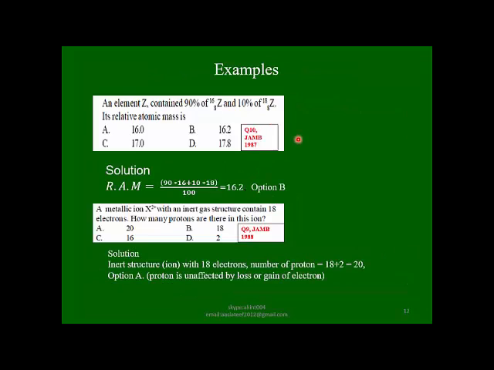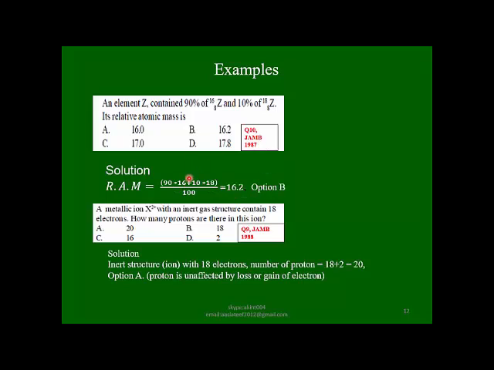Examples. This is question 10, 1987. An element X, a hypothetical element Z, contains 90% 16, 10% 18. Then we have to find the relative atomic mass. We should not forget what we said about the weighted average, that we have to consider the relative abundance of each of them.